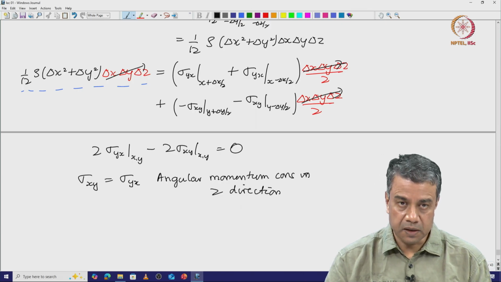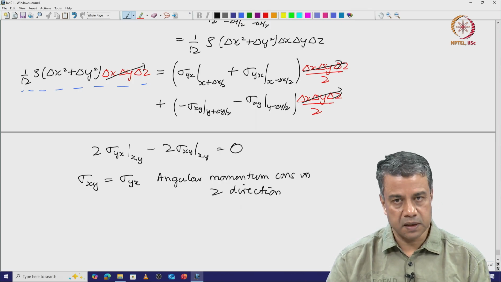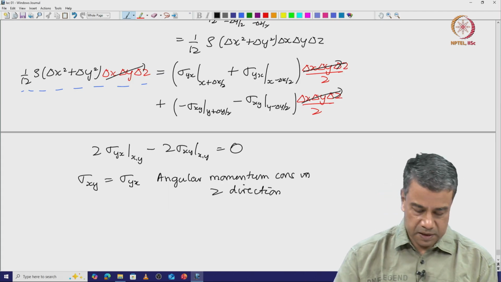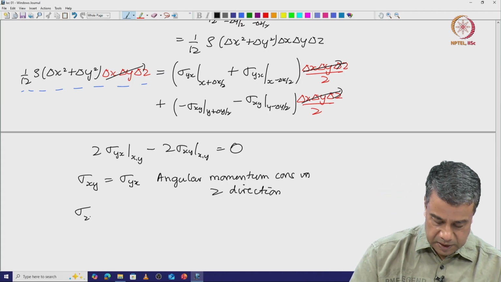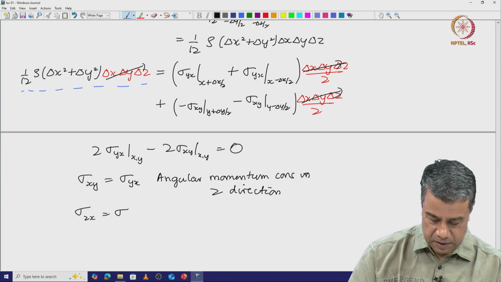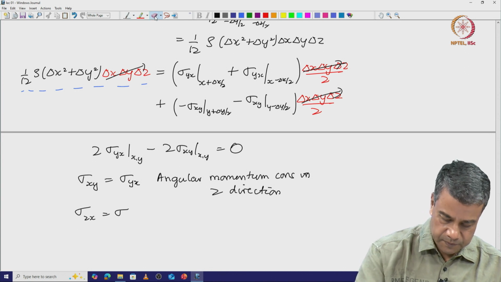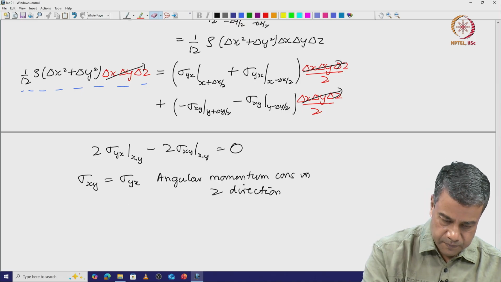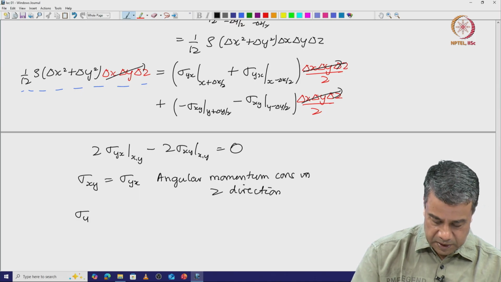Similarly, you can do angular momentum conservation in x direction and angular momentum conservation in y direction. If you do it in x direction, you will get sigma y z is equal to sigma z y.